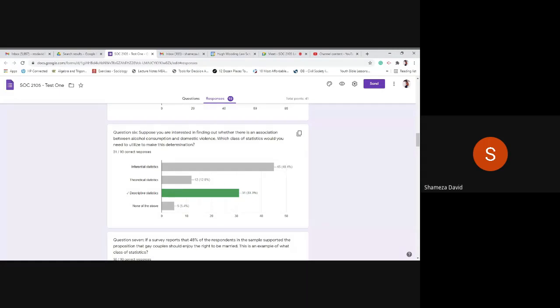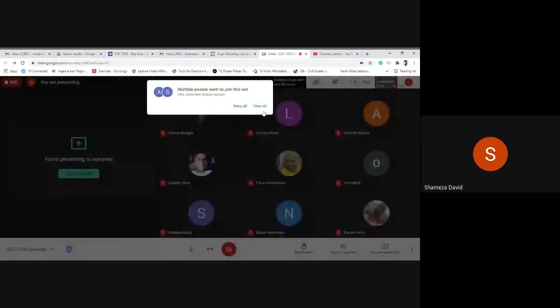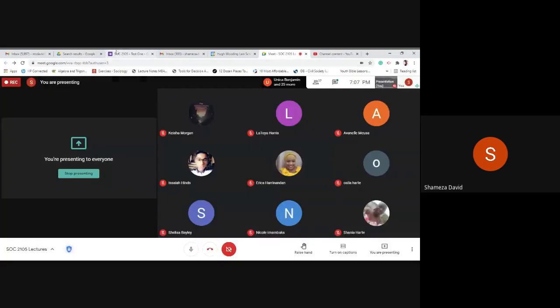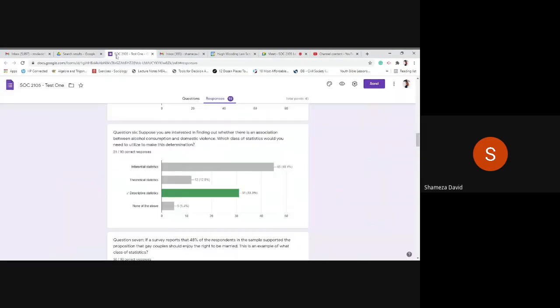Now, if you're looking for relationship, and so you're looking for causation, you're not looking for association, you want to see if alcohol consumption leads to or directly causes an increase in domestic violence, then you're going into inference, because inference is concerned with making those generalizations.